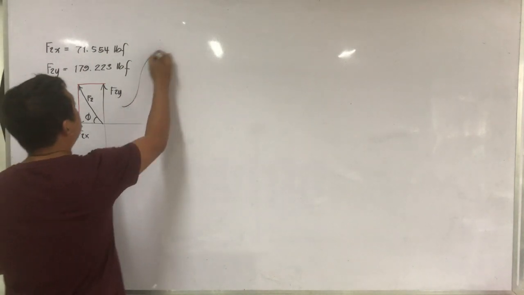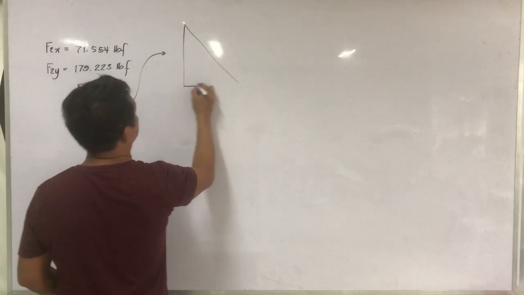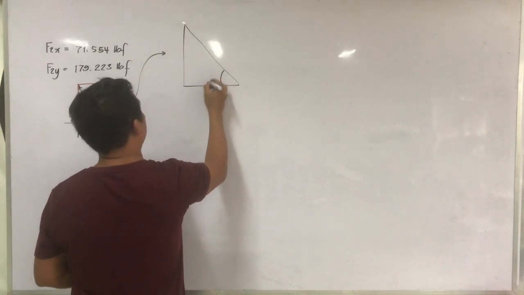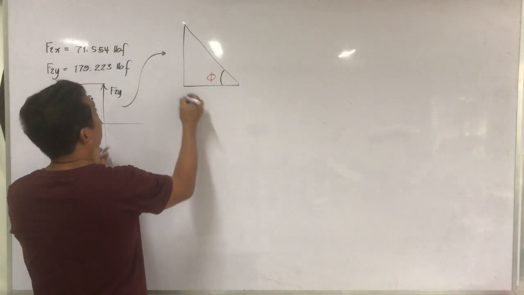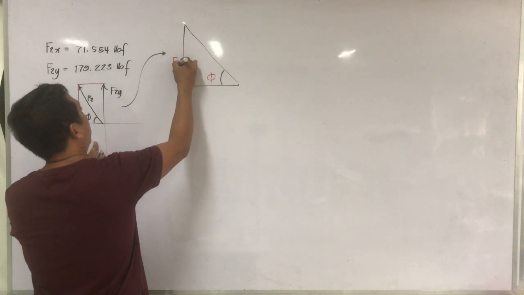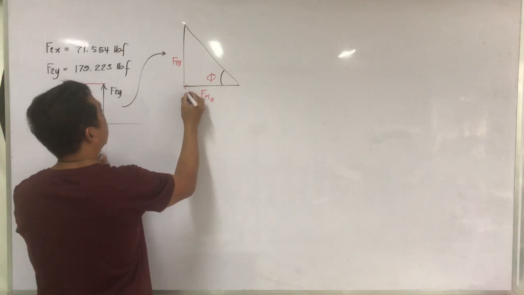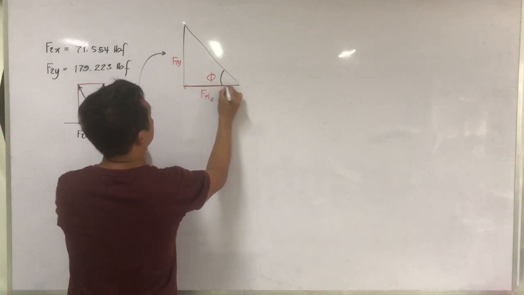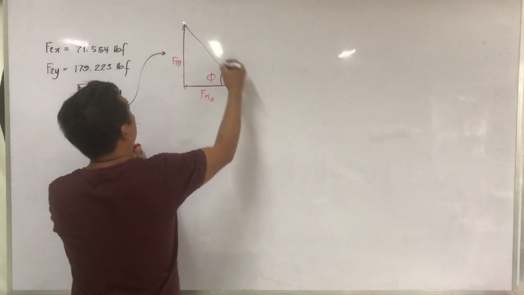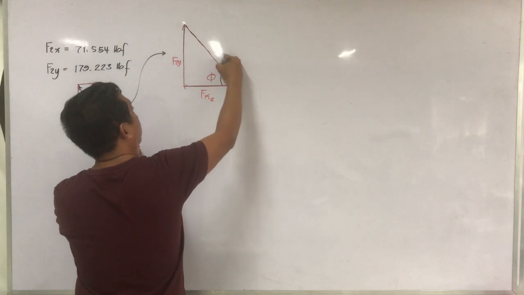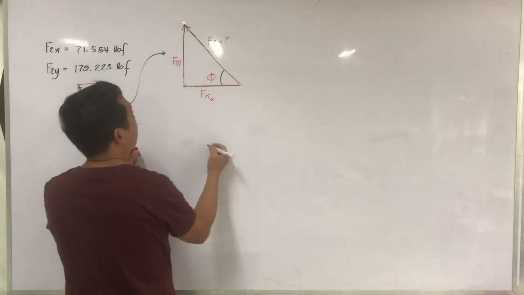So, mula doon, makukuha natin yung isang triangle, sabihin natin nakadikit sa X. This is the angle that is phi. Lumalabas na this is our Y component of F2, the X component of F2, at ito ang mismong F2. Yan yung mismong F2 na hinahanap natin.